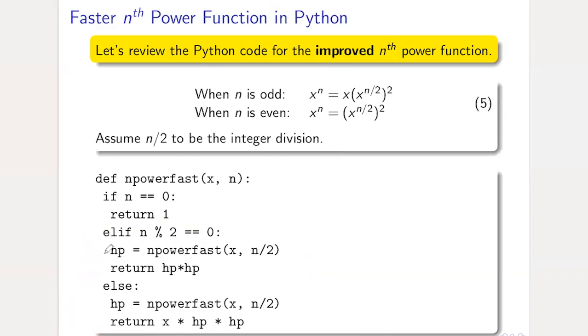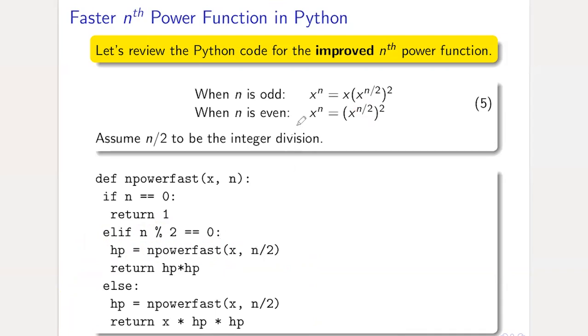In that case, I will compute a value by calling the same recursive function with x as the base and n by 2 as the exponent, because we can divide n by 2 with no remainder.